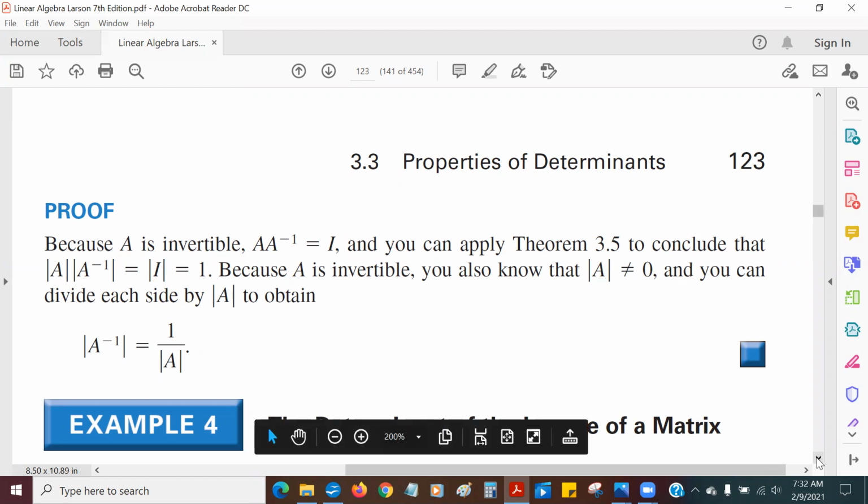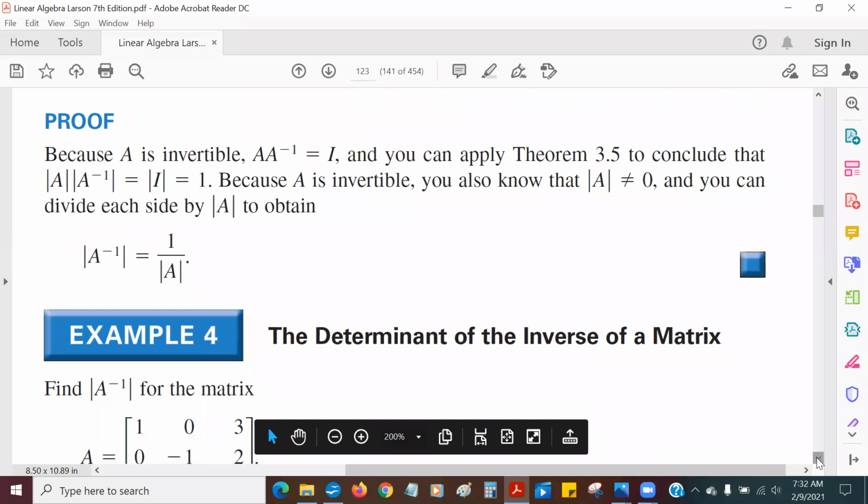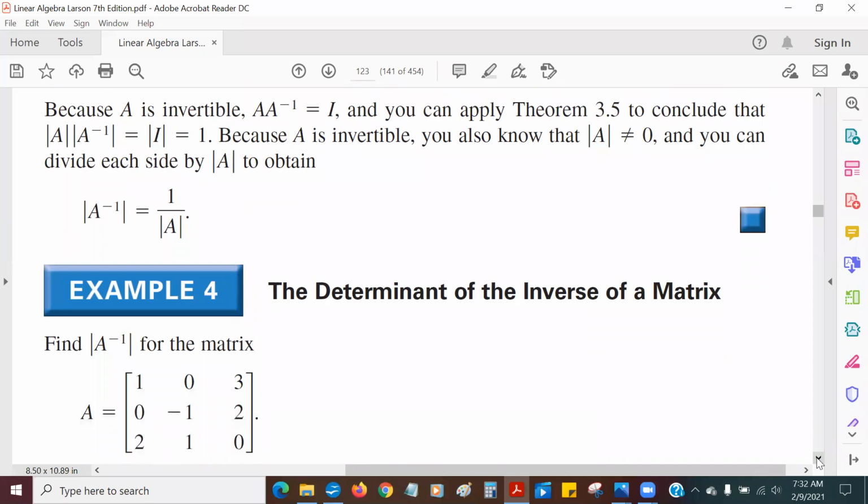Which means that if I give you a matrix A and say find the determinant of A inverse, before this I would have had to go through all the trouble of finding A inverse, which could be a pain, and then take the determinant, which is another pain.